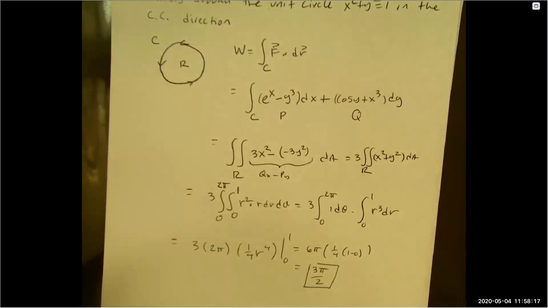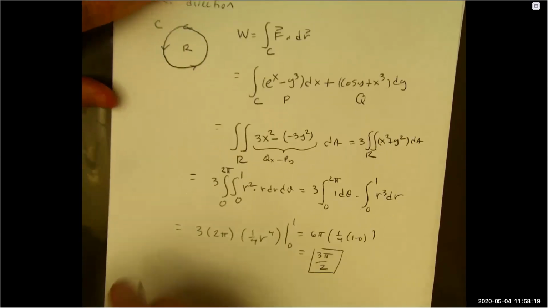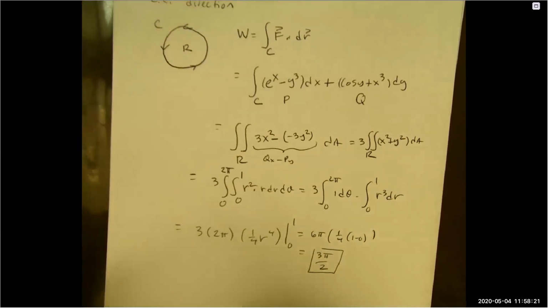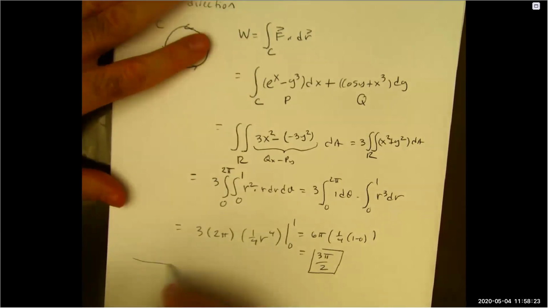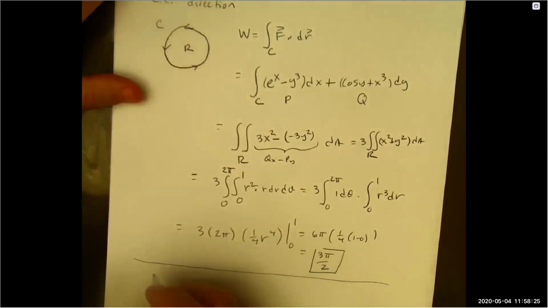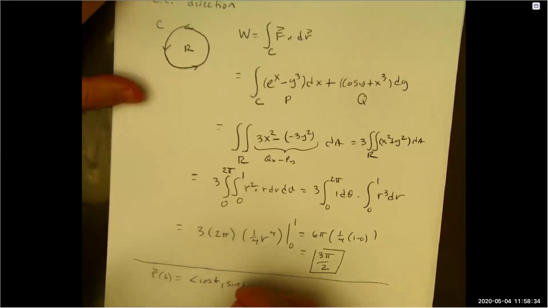Now, even though it's doable, if we try and do this by parameterizing the curve, then we're going to use r of t equal to cosine t, sine t. And we're going to let t go from 0 to 2 pi inclusive.